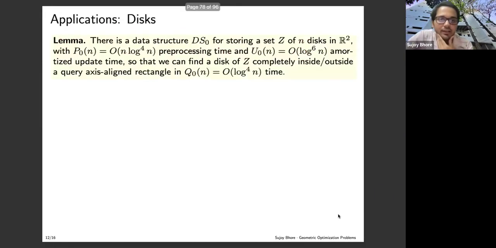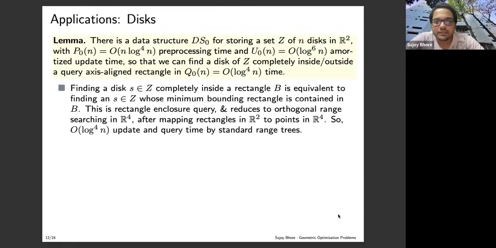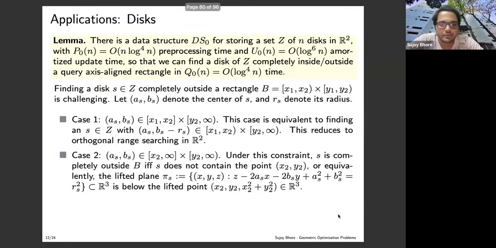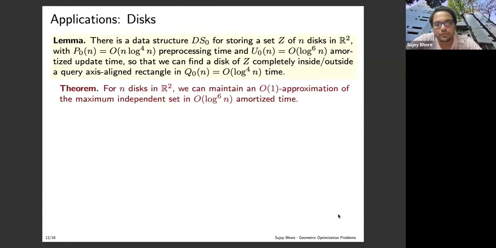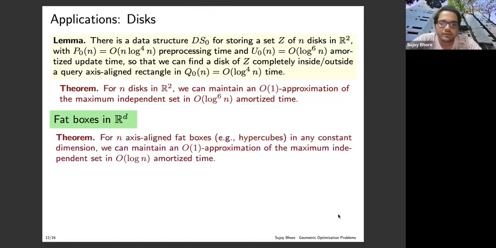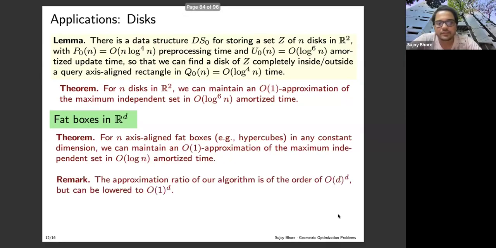So let me talk about this specific application. For disks, we can show that it's possible to maintain a constant factor approximation using this mechanism and some extra stuff in polylog amortized update time. And also for fat boxes, it is possible to maintain the constant factor approximation in order log n amortized update time.